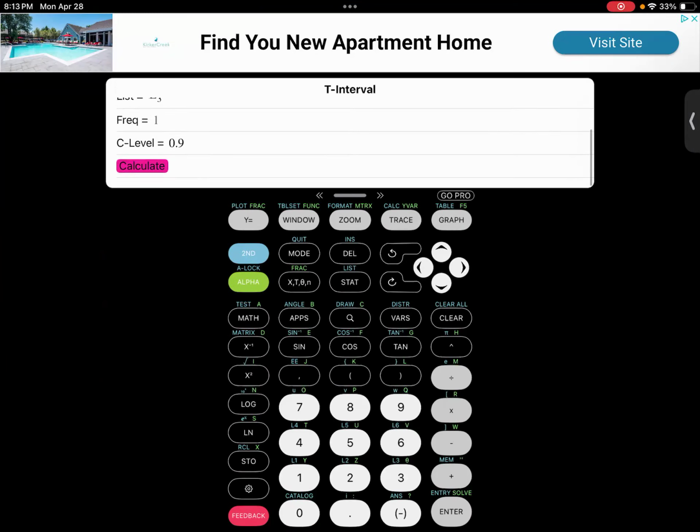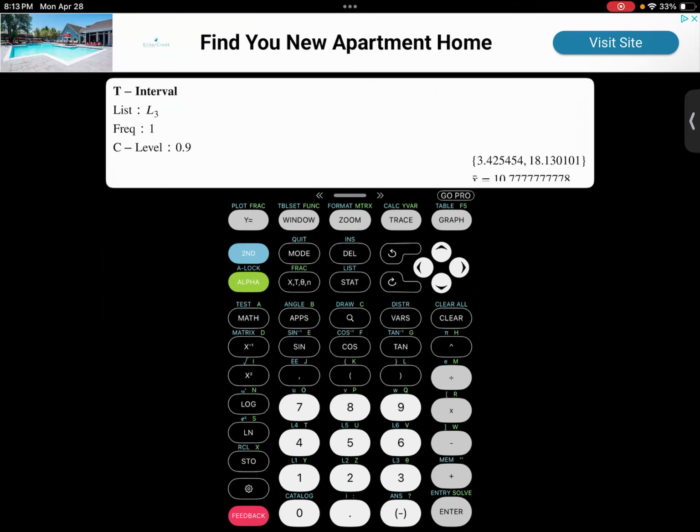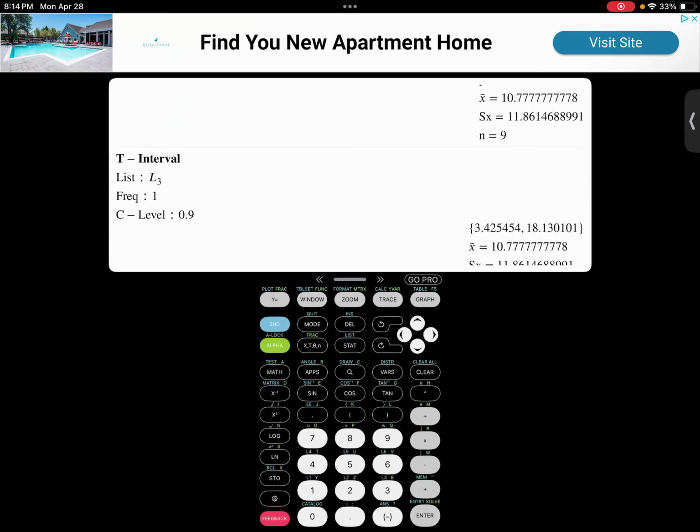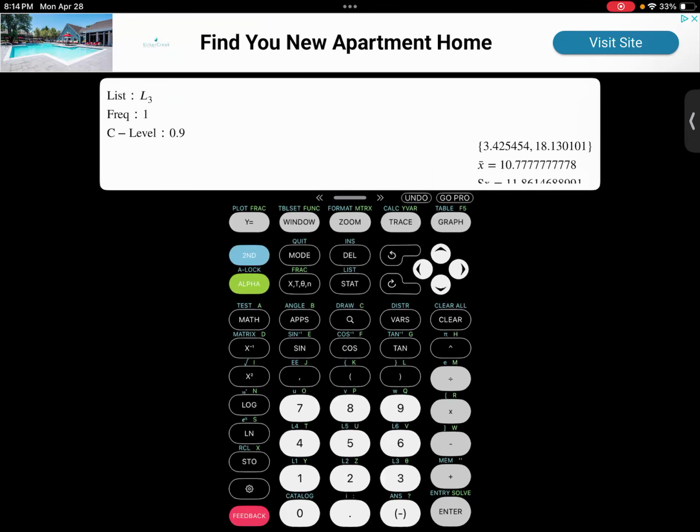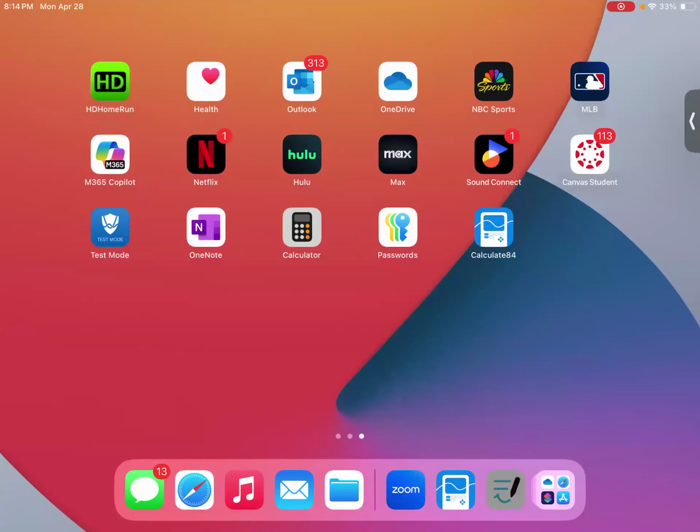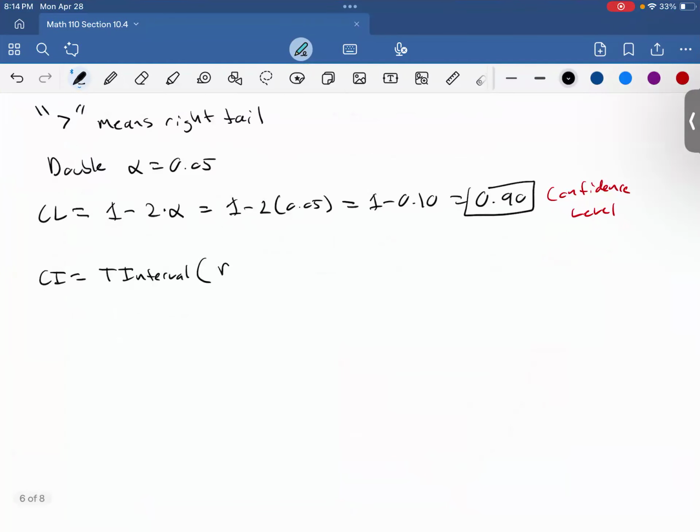So we don't need to change anything, just hit calculate, and we get our confidence interval: 3.43 to 18.13. So let's write down our calculator work and our confidence interval. Data L3, 1, and 0.9. And what we got was 3.43 less than our mean difference, less than 18.13.